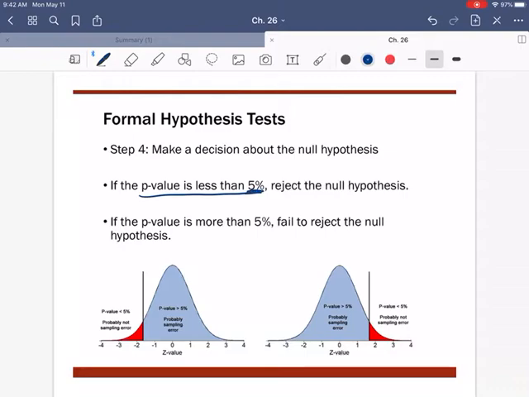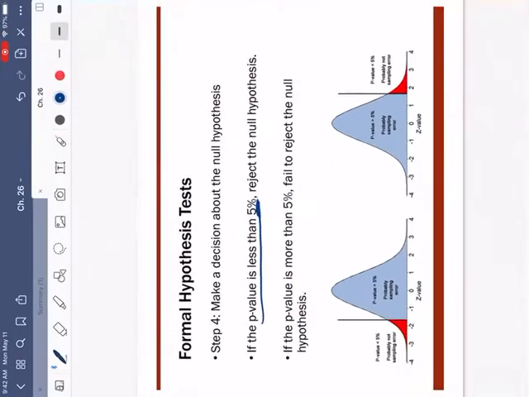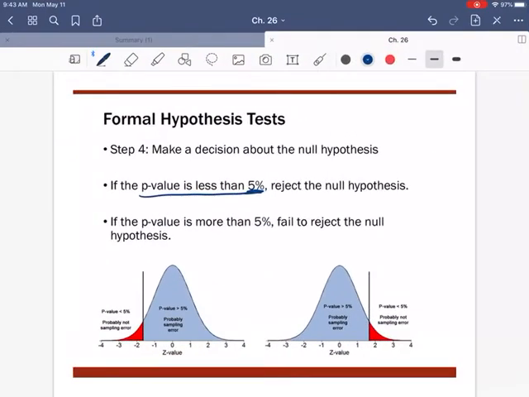7.93% is greater than 5%. So this is our level of significance, that 5%. And since we got a number that's greater than it, we fail to reject the null. A number that is more than 5% means you fail to reject it.